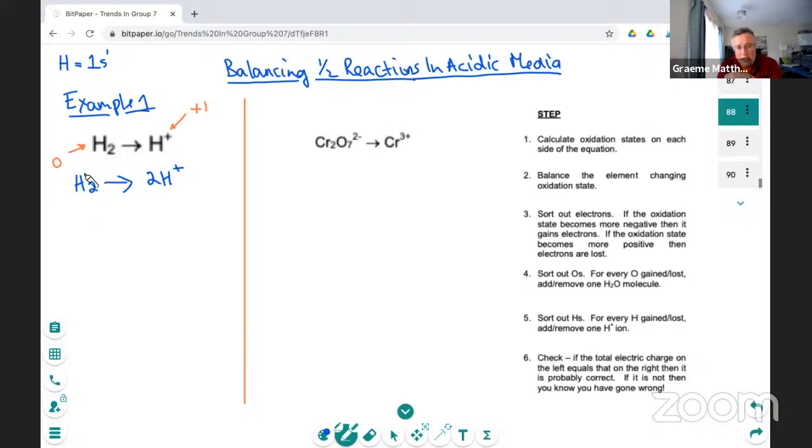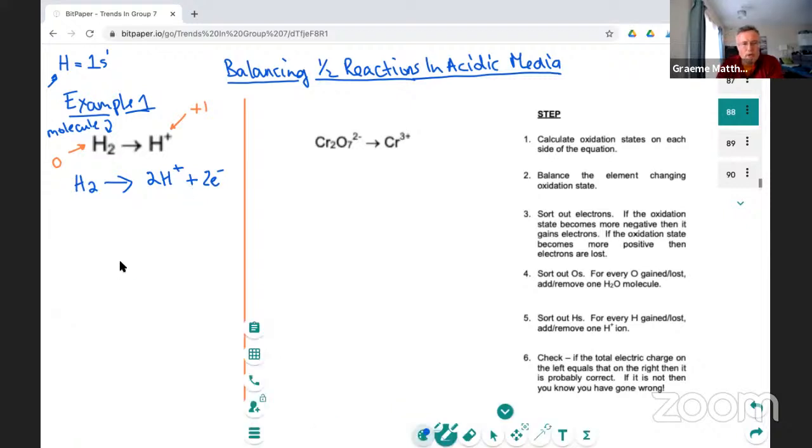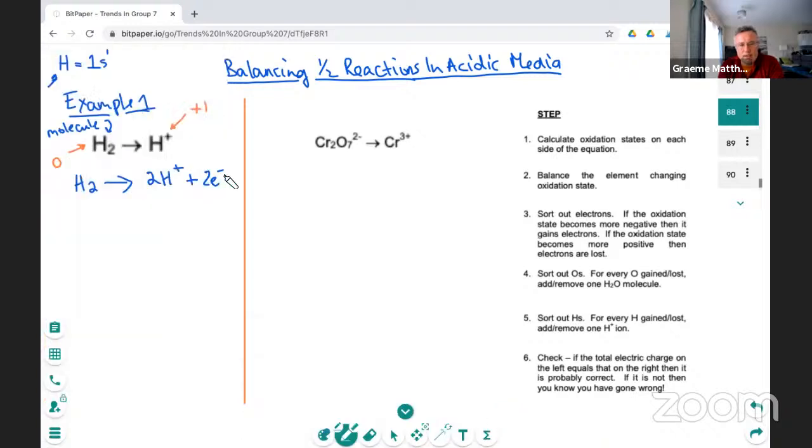There are 2 hydrogen atoms in a molecule of hydrogen. Therefore, I've lost 2 electrons. It's 1 electron per atom at the top here, but this is a molecule which contains 2 atoms. Therefore, I've lost 2 electrons. And we're done. This was an easy one, right? Easy. Where's my green pen? Right here.